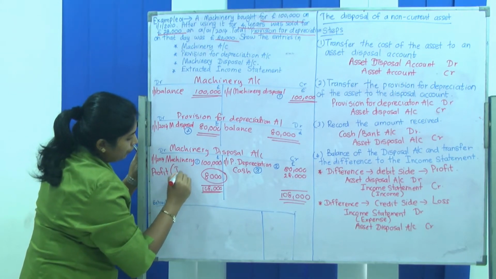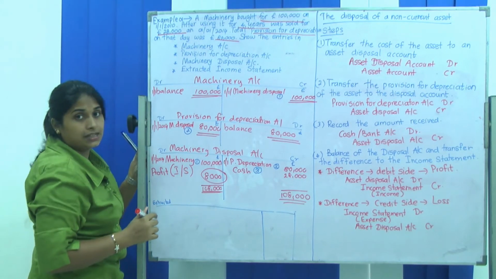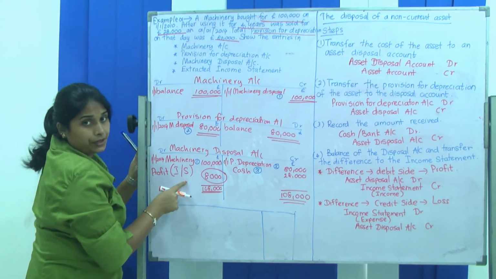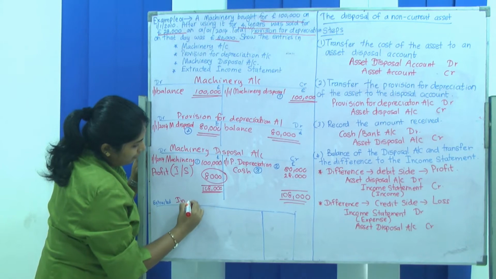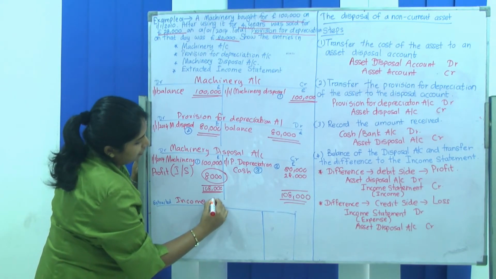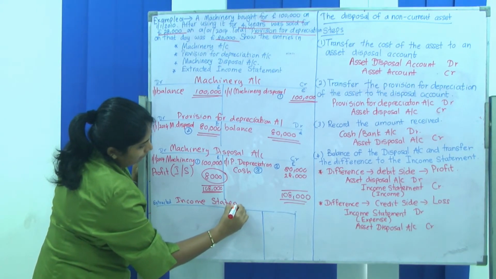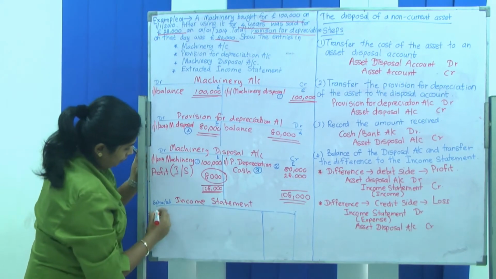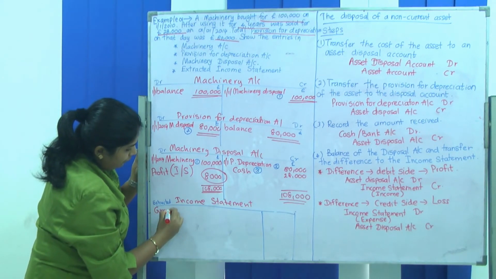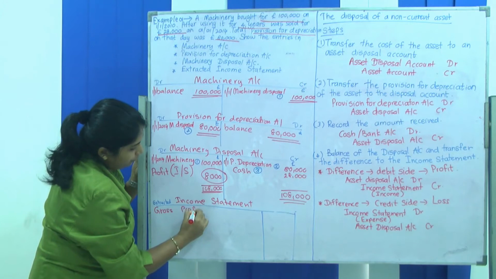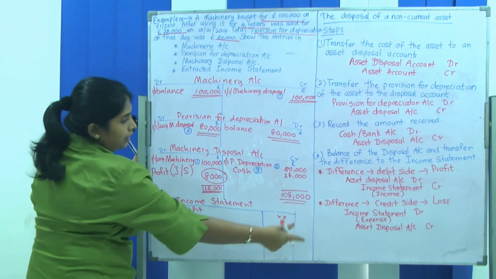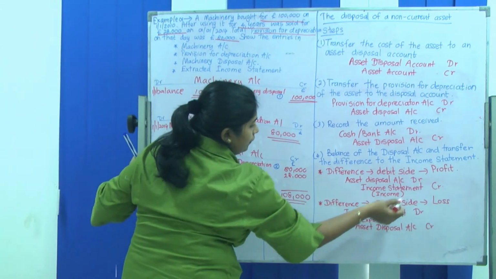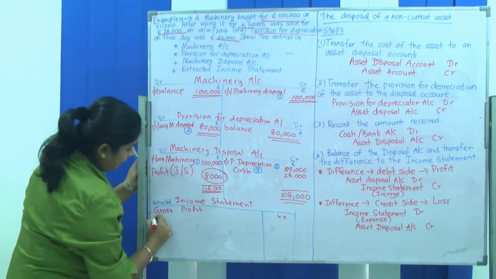Now you have to transfer that into the income statement. IS means income statement. In the extracted income statement, which you will be learning in future, you just have to mention gross profit, and if it's a profit, it will be written as income.